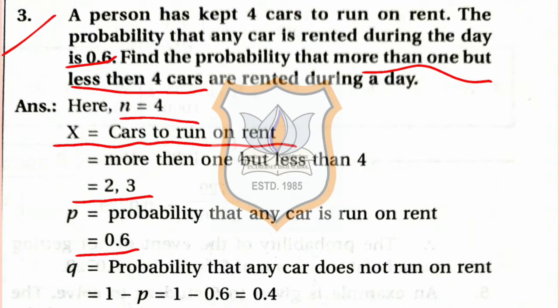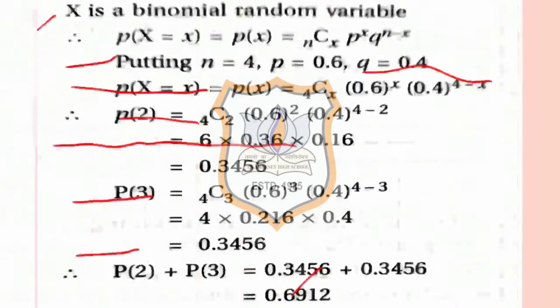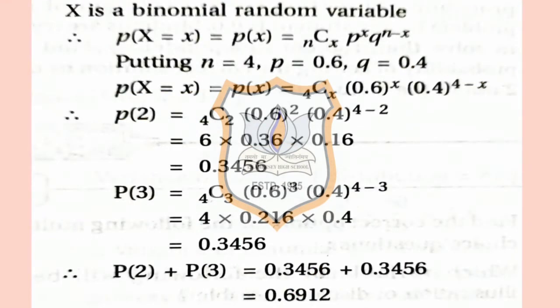The formula for Q is 1 minus P, that is 1 minus 0.6. 1 minus 0.6 is 0.4. Let us substitute the values in the formula Px equal to nCx, P to the power x, Q to the power n minus x. Here n is 4, P is 0.6 and Q is 0.4. So let us first find P2.